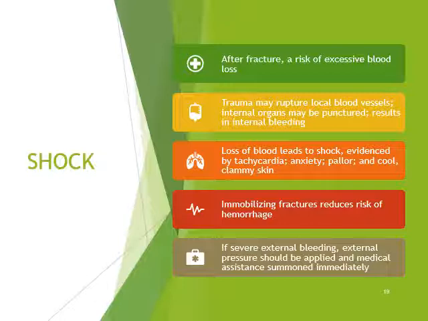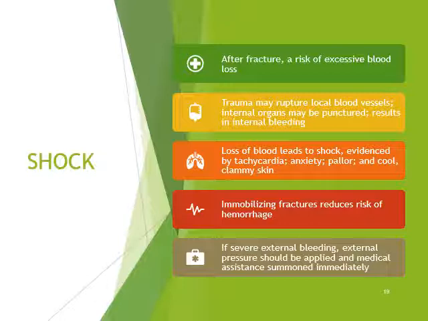Whenever a patient is anxious or restless, something's wrong, especially if it's out of character for that person. Pallor and cool, clammy skin. Also, they'll probably have hypotension that goes along with that tachycardia, and their respirations will speed up trying to get more oxygen into the body.